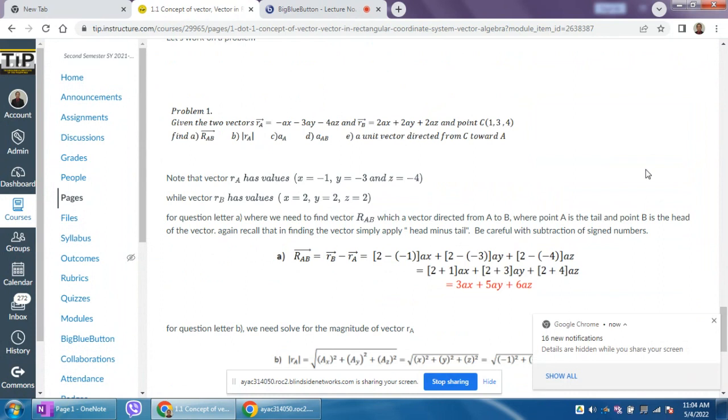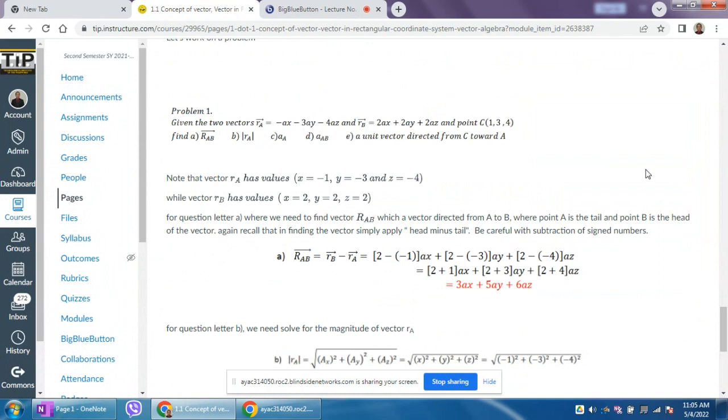No? So, ito po, medyo marami po yung hinahanap dito. We have find vector r, AB. Letter B, the magnitude of RA. Letter C, the unit vector AA. And D, the unit vector AB. And E, a unit vector directed from C towards A. So, 5 po yung pinapasolve sa atin dito.